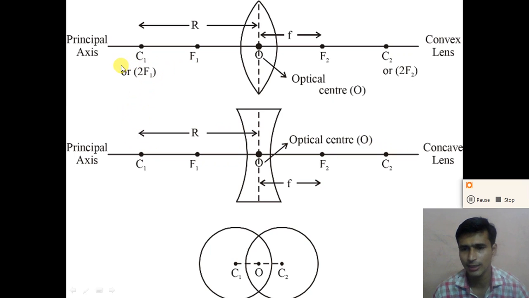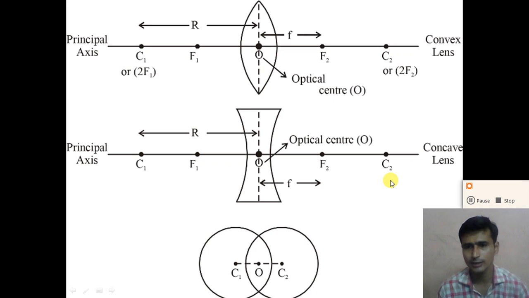The imaginary line passing through both the centers of curvature is called the principal axis, and the center of the lens on the principal axis is called the optical center. Now another important point is the principal focus.